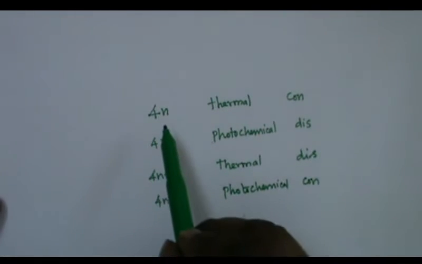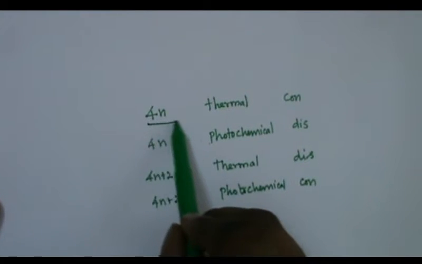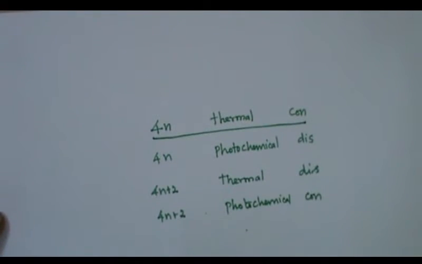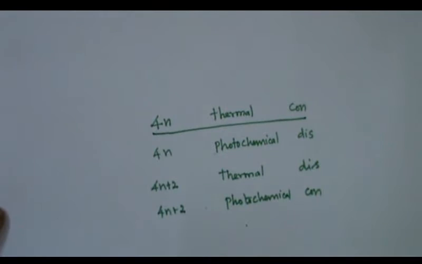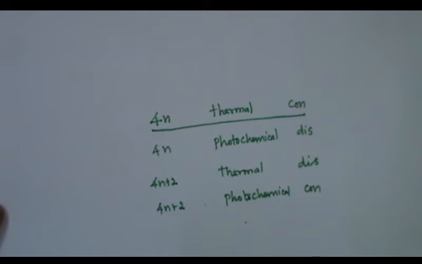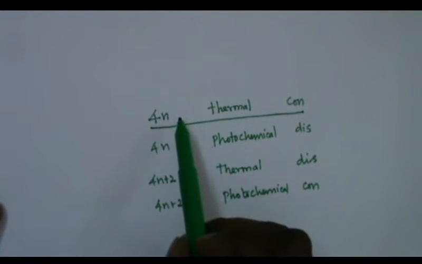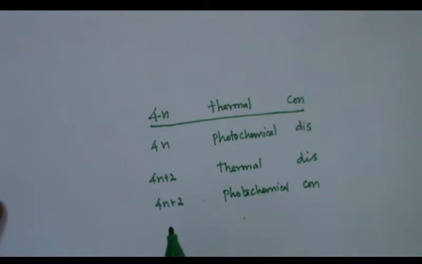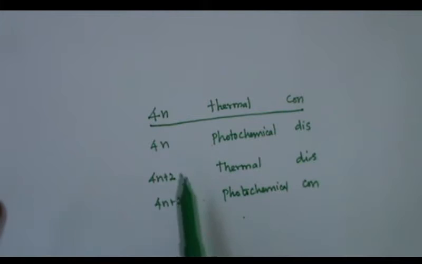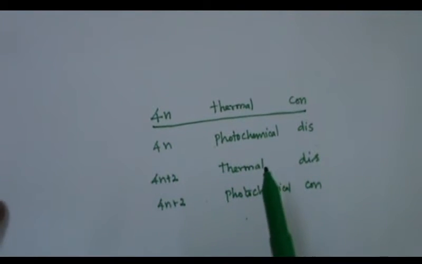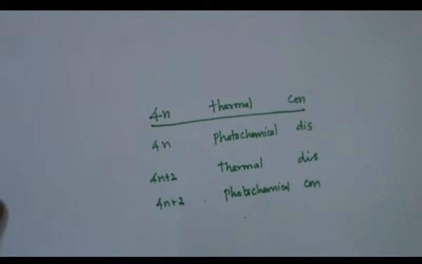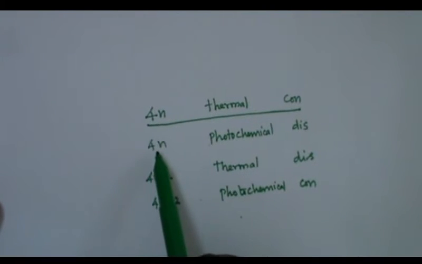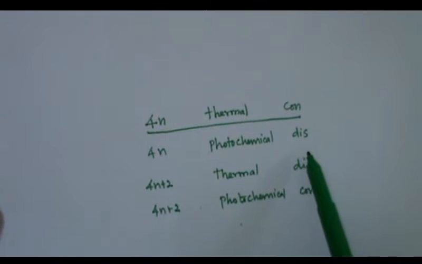When I was a student, I just remembered the first one, that is 4N thermal con. If you know this, you can write the other conditions by simply going for the opposite one. For example, 4N thermal is con, so photochemical should be dis.